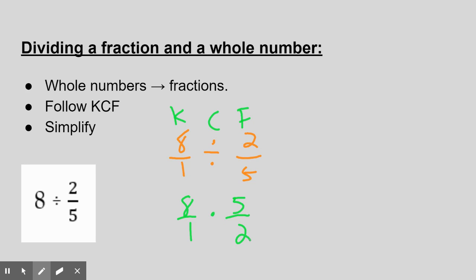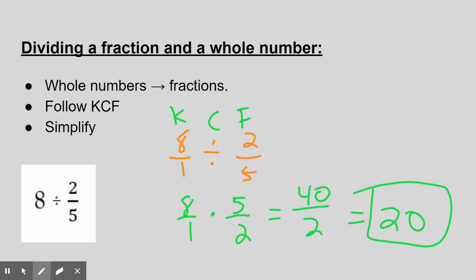Now I have a multiplication problem and I can follow through using the same steps we talked about last time, where I multiply across and then simplify my answer. So the only thing we're adding in is that keep, change, flip.